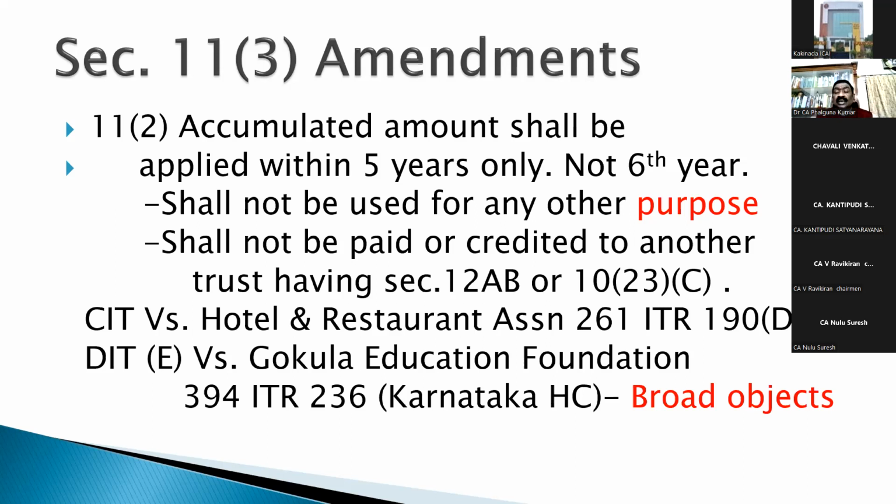Some people will say only to meet college salaries. No, say to meet the expenditure. Or say you want to buy vehicles, plant and equipment. Give a purpose like that, but don't say for educational purpose I am accumulating, because yours is an educational institution. So neither give broad objects nor a narrow purpose, but file Form 10, and thereby you are entitled to claim it.